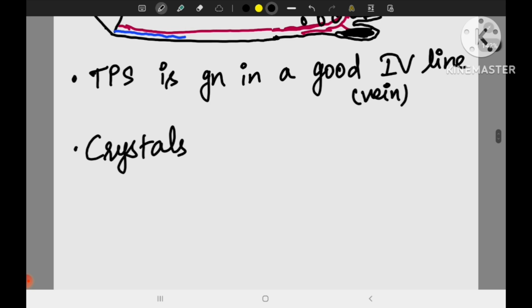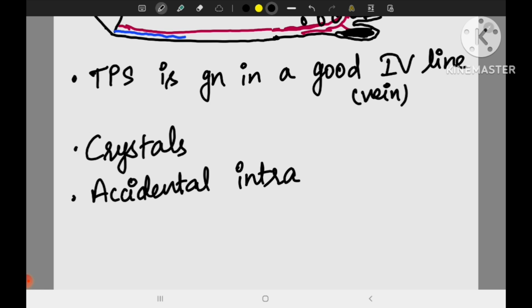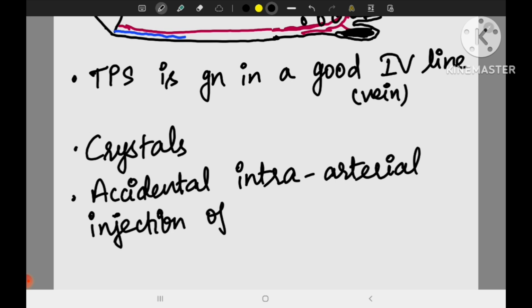When it is injected into the vein, it directly goes to the heart, right? It goes to the heart, it gets purified. The lumen of the vein is larger, so there is no block. But when it is injected into the arteries, it directly reaches the peripheries, and that leads to gangrene. So what is the main cause? Accidental intra-arterial injection of TPS, that's thiopentane sodium, causes this.